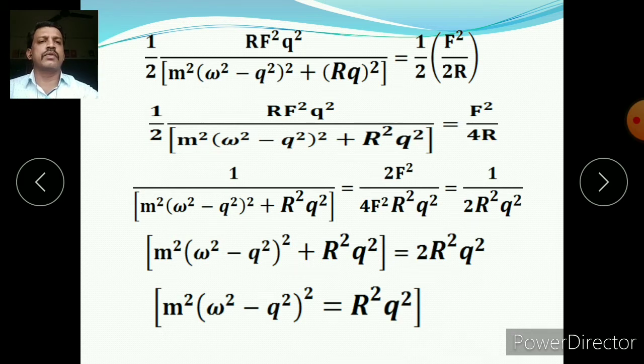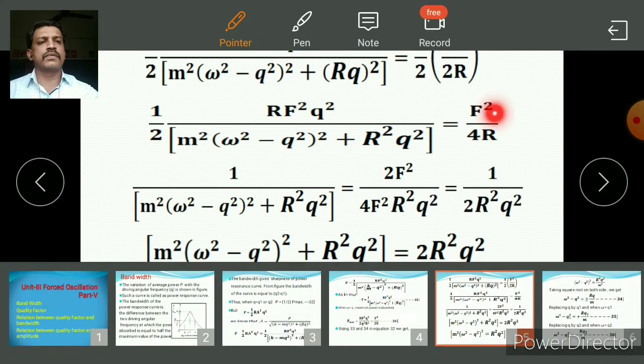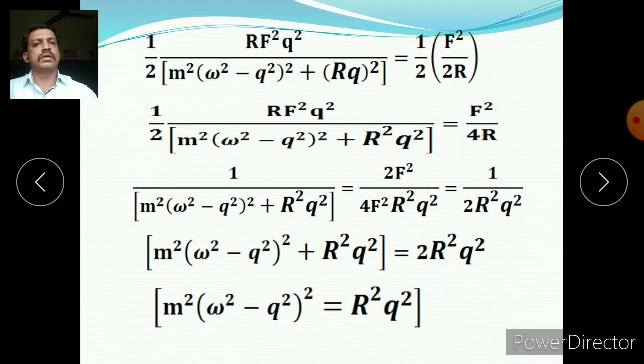This 1 by 2 and this 1 by 2 will be removed, and if we also divide by F square, then all these things will be cancelled.